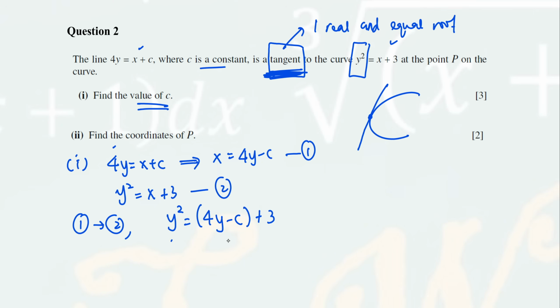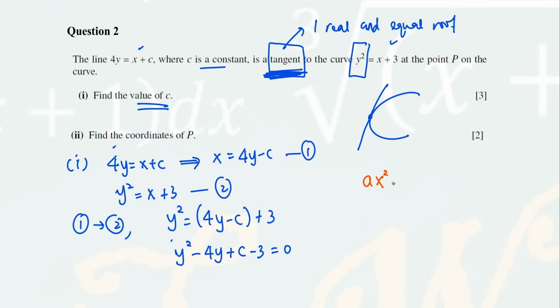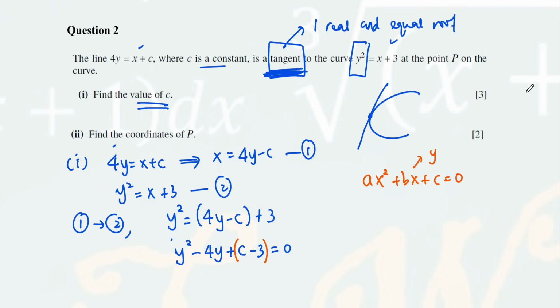Move all the terms to the left hand side: y squared minus 4y plus c minus 3 equals 0. The basic quadratic equation is ax squared plus bx plus c equals 0, so now your x has been changed to y, and c minus 3 is considered as a constant.